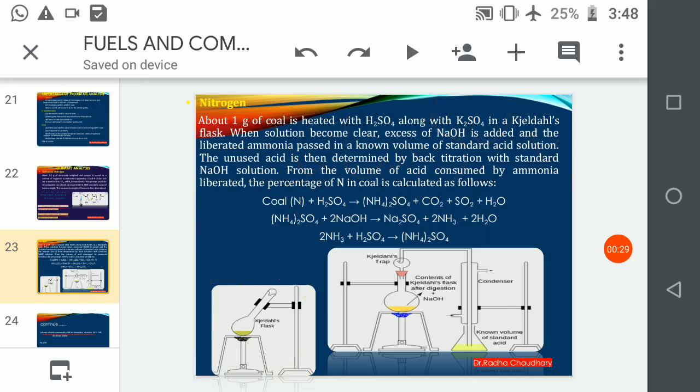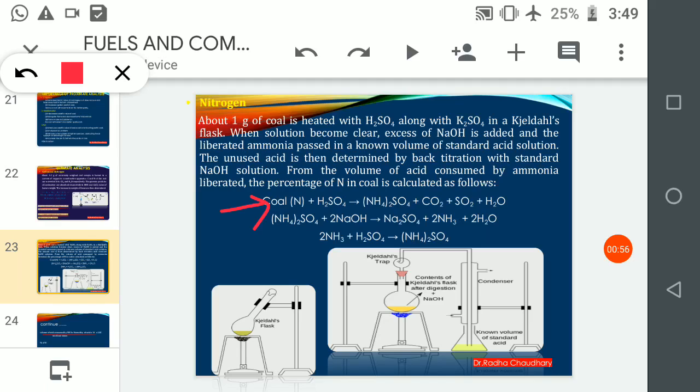When whole nitrogen is converted into ammonium sulfate, a clear solution is obtained. It means nitrogen reacts with the H2SO4 and forms ammonium sulfate, with evolution of carbon dioxide, sulfur dioxide and H2O.